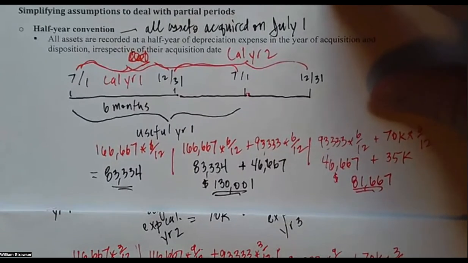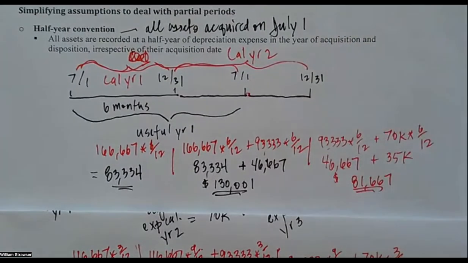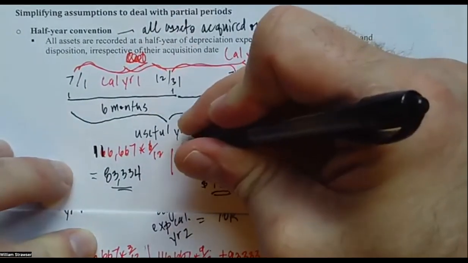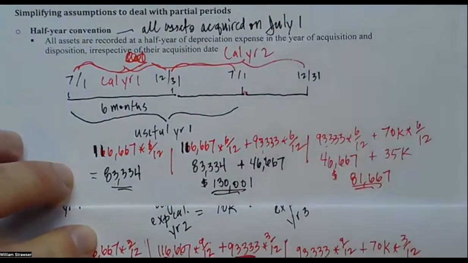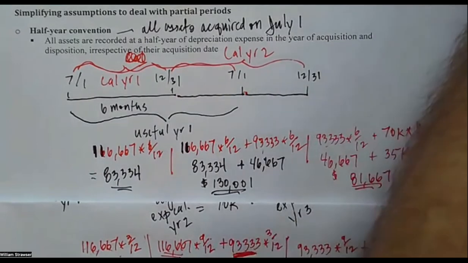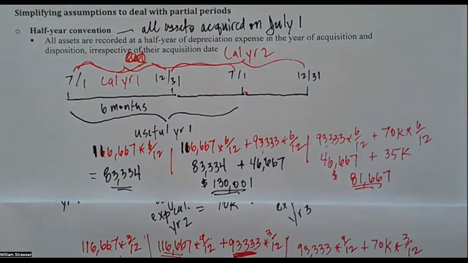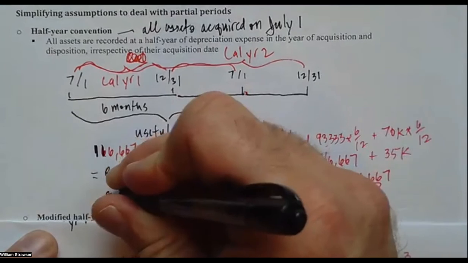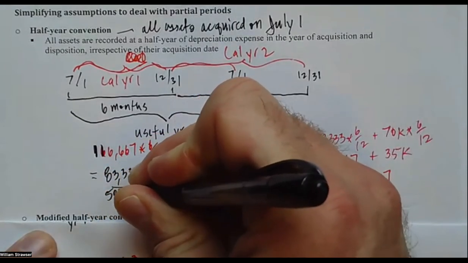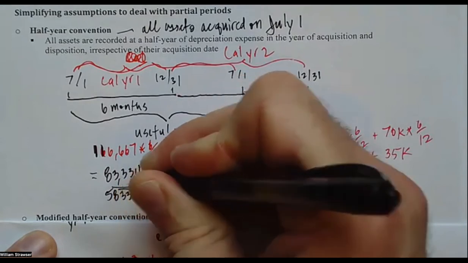Is it 116? Oh, it is 116. My apologies. I don't know why I started getting off on 166. Thank you for pointing that out. So that'll change a couple of the calculations just to be perfectly accurate. Let me do that. 58,333, or 334 when I round.